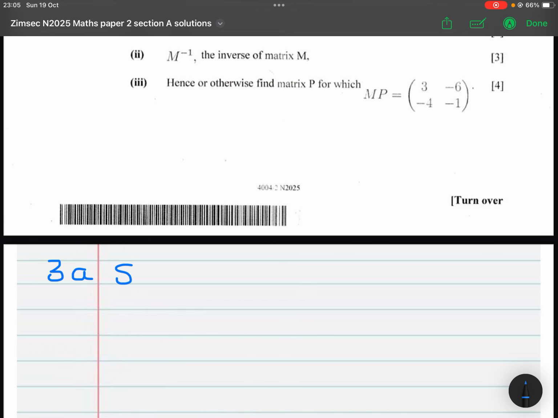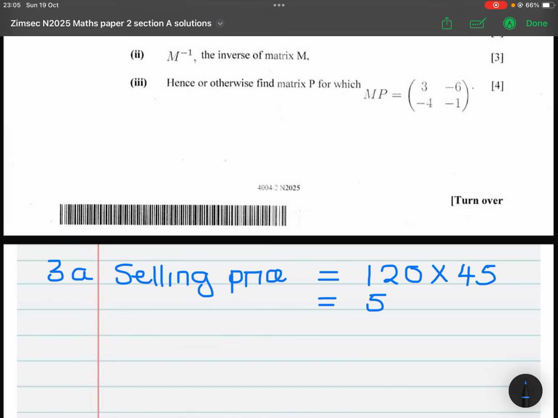So let me show the working for number 3. We are now on number 3A. First, let us calculate the selling price. Selling price, we are going to say it is 120 times 45, so that we obtain the selling price as $5,400. And then after that, we need to apply proportion.